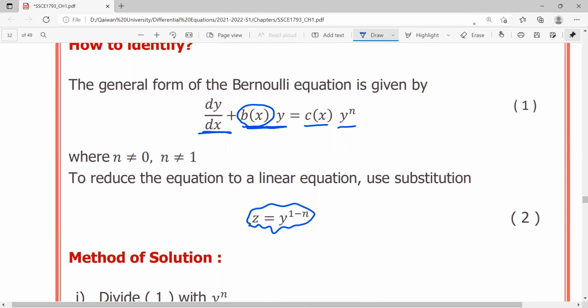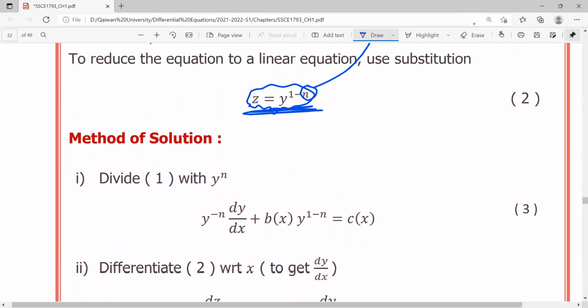If it's a Bernoulli equation, we first do this substitution: z equals y to the power 1 minus n, where n is the power of y there.